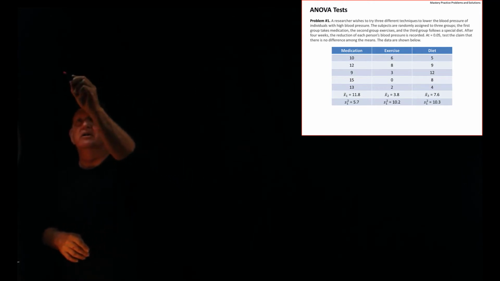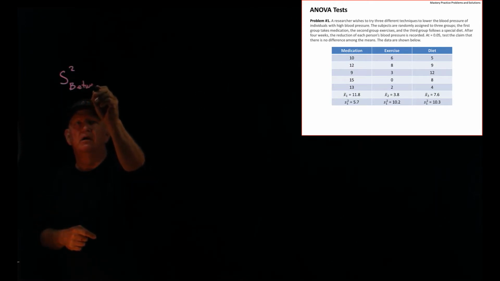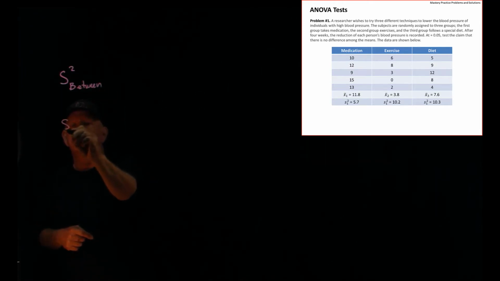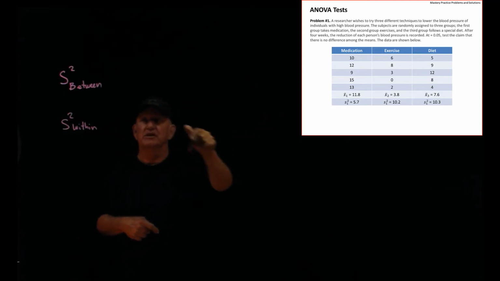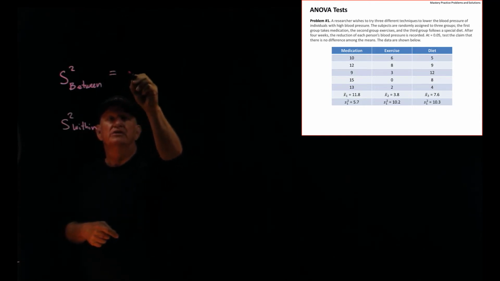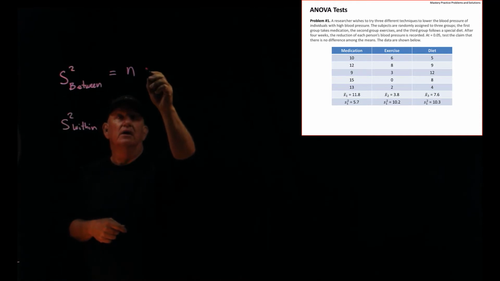I've got to calculate, remember, 2 different variances, the variance between and the variance within. For this case, when all the groups are the same size, this is the size of the groups, 5, times what we would call the variance of the mean.